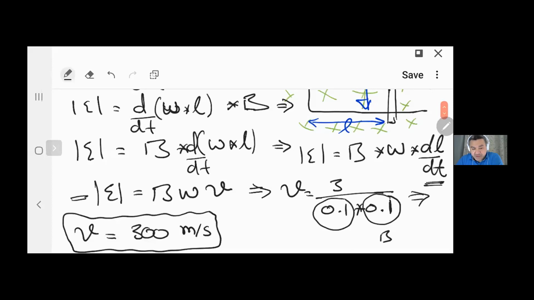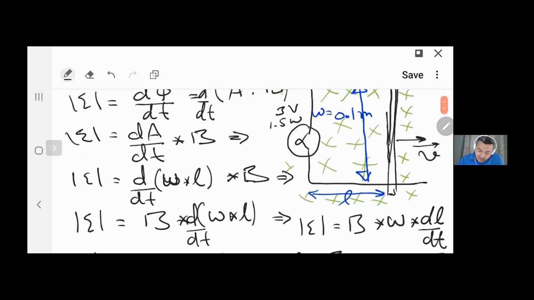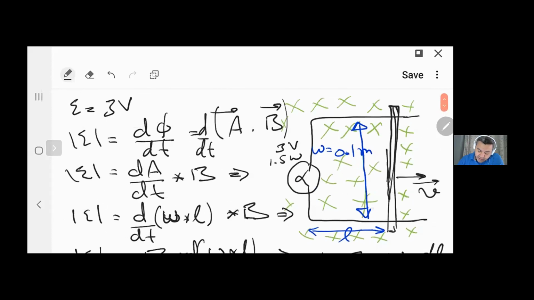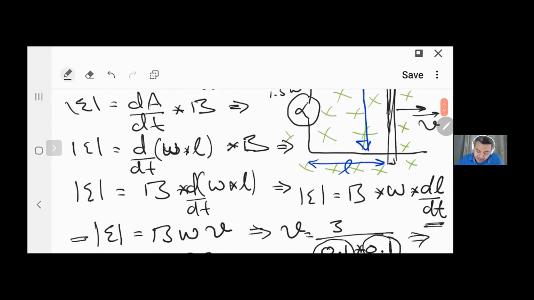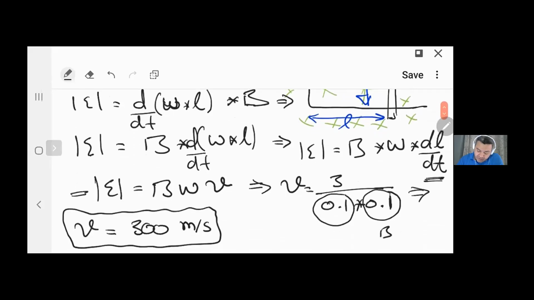This is the W, which is the width of the wire here, 0.1 meter, 10 centimeter, 0.1 meter. Any other questions?